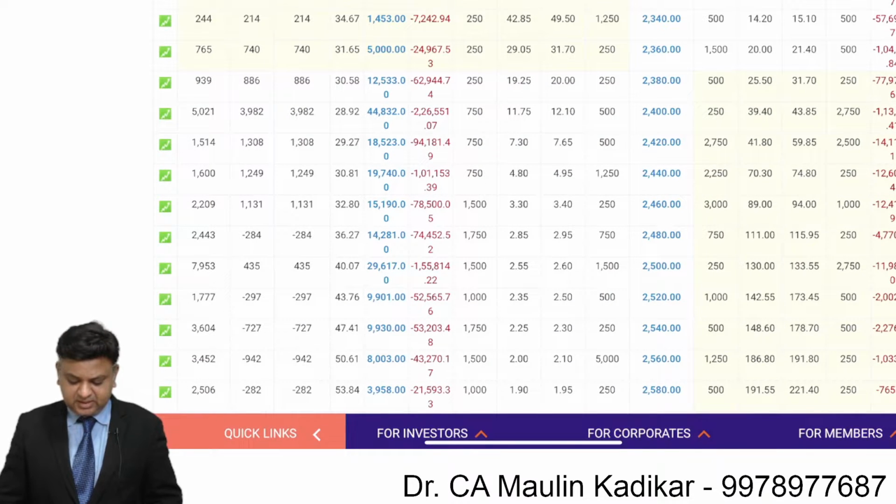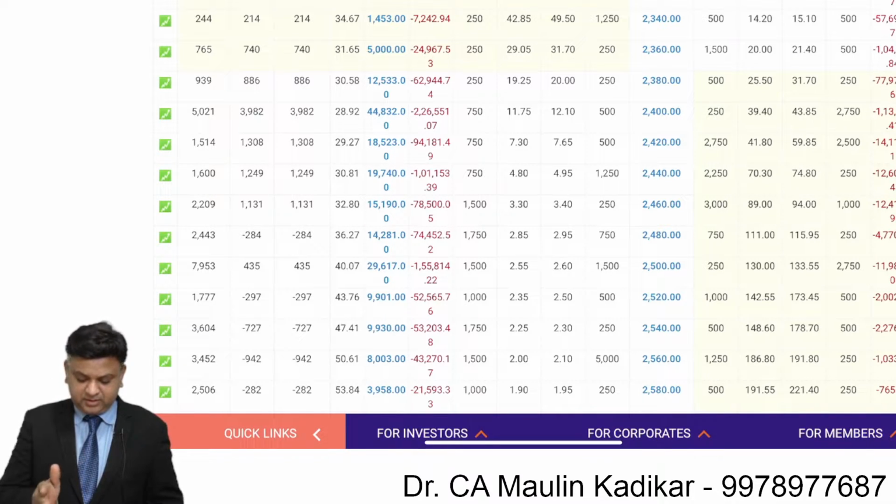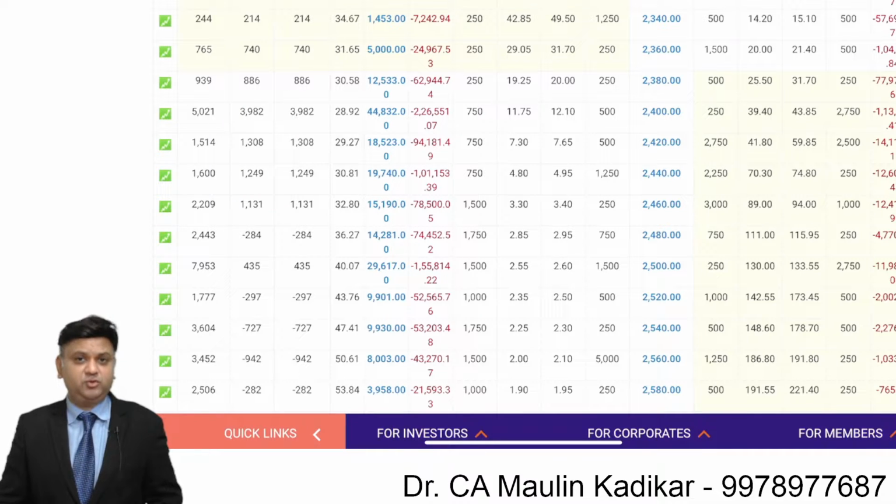You can see that I am focusing on the exercise price 2380. Listen to me carefully, I am focusing on the exercise price 2380. Left to it, it is 250, that is the lot size provided to us. Left to it 20, again left to it, it is 19.25.